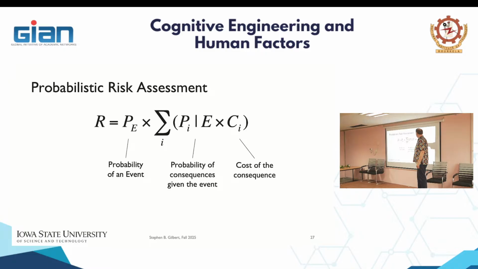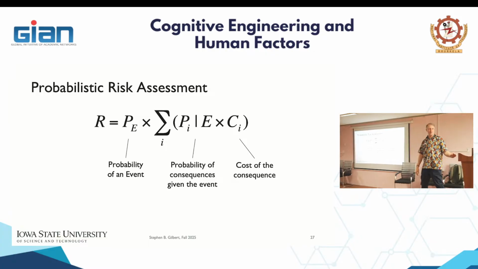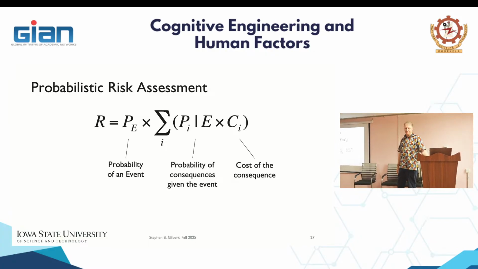And then here's the cost of the consequence. So you can map this out, right? Here's the probability of the event. Given that the event happens, what's the probability of the consequence happening? Like the probability that the boss says, well, you're terrible, you didn't send me the report on time, versus the probability of, oh, hey, you just forgot the attachment. And then there's the cost of the consequence multiplied out. So that's one way to analyze this sort of risk assessment.